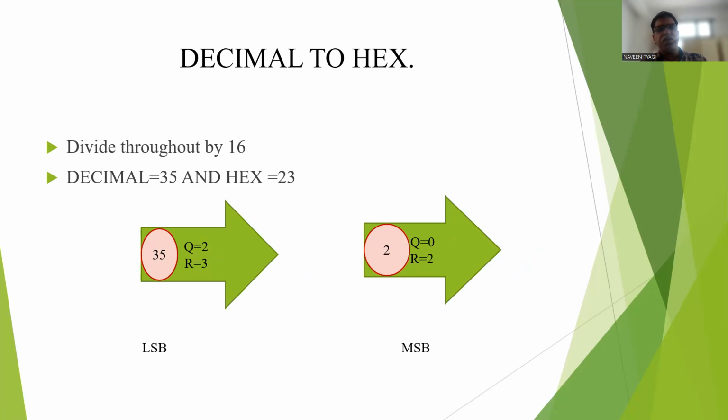We get quotient 2 and remainder 3. Now quotient 2 is again divided by 16. We get quotient 0 and remainder 2. The last remainder is known as our MSB, and the previous one is known as our LSB. Reading from right to left, the number is 23, which is represented in hexadecimal.